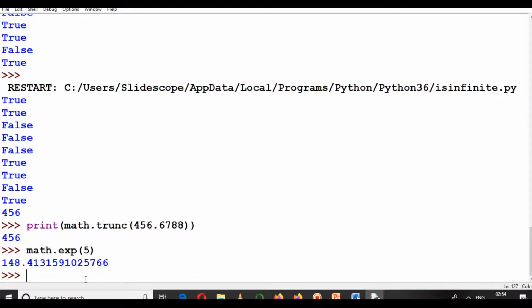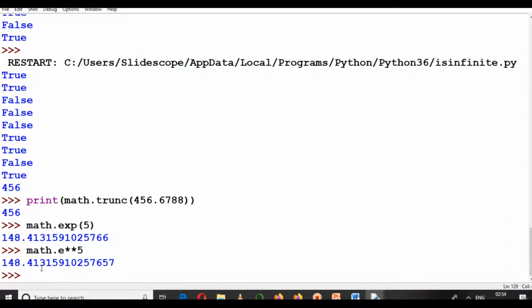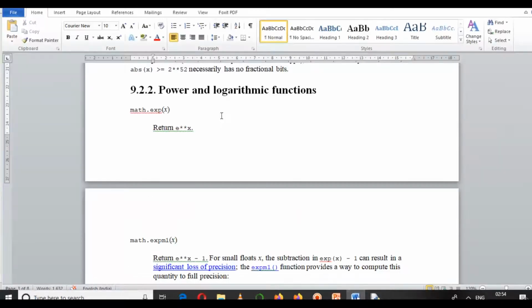So it is basically e raised to the power of 5. You can do this with math.e, and you will get the same value. There is some difference here in the decimal points, but the value is approximately the same. So it is basically math.e raised to the power of 5. That is the work of this function here.